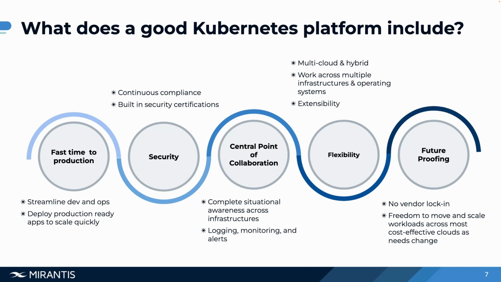Central point of collaboration: we discussed logging, monitoring, and alerting. You do need to have automation around that. Flexibility, if you need to move workloads around or implement your components at scale in different environments, you also need automation. And future-proof, definitely automation is something that is going to guarantee you better future-proofing for your solutions, right? And behind automation, what you have is continuous integration and continuous delivery.